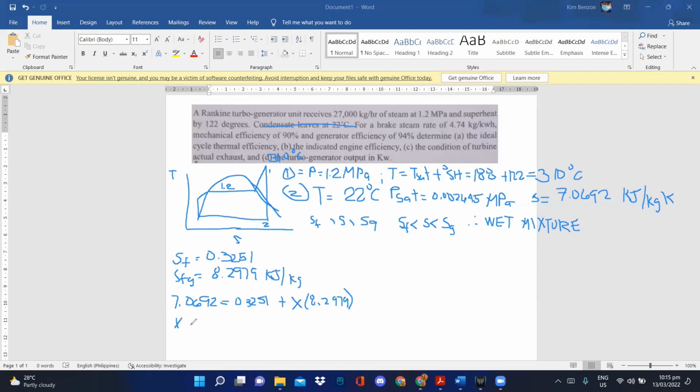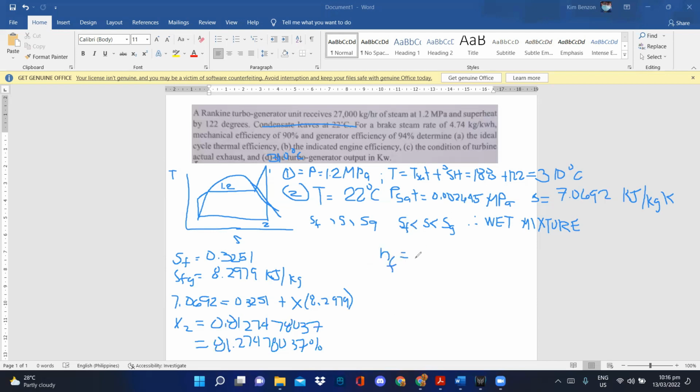So, your quality, which is equivalent, quality at point 2, is equivalent to 0.8127478037, which is 81.27478037%.